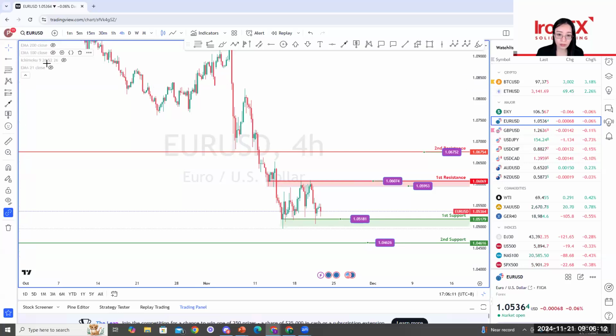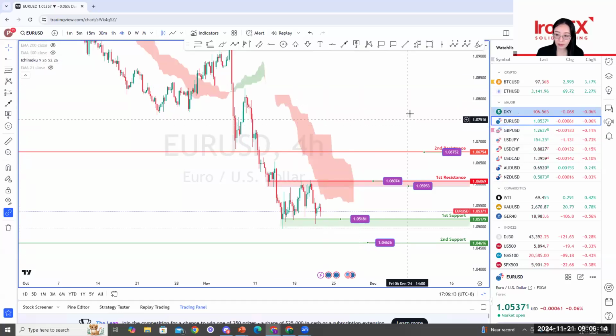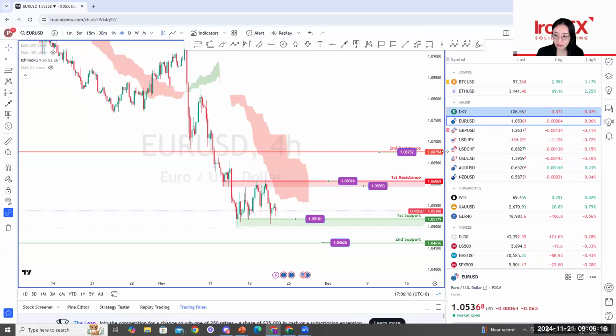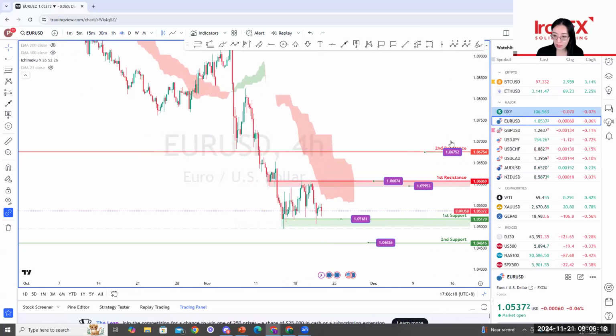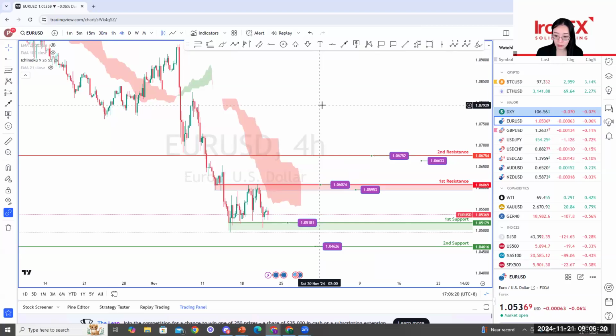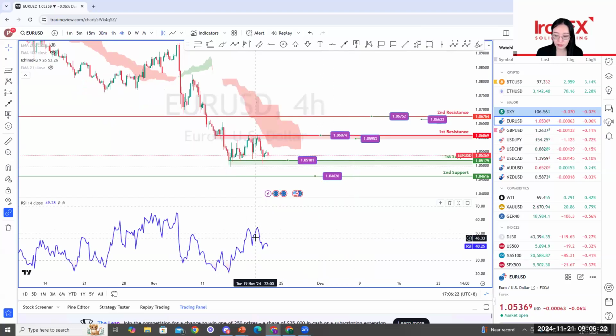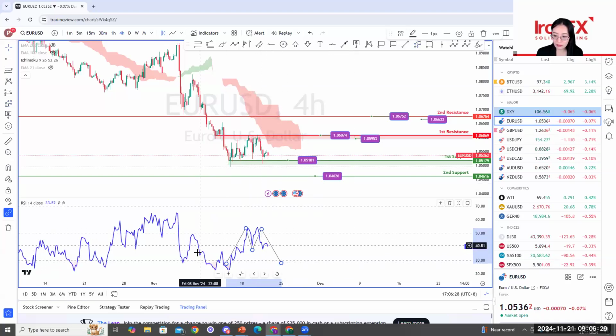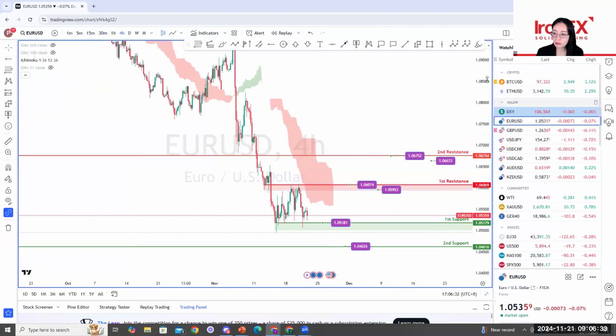You can use the Ichimoku cloud here. You can see the price is on a downtrend, right? Because they are below the Ichimoku cloud. You can combine it with RSI as well. For the RSI, what we could see is either it comes falling to at least 30, so it's still falling.